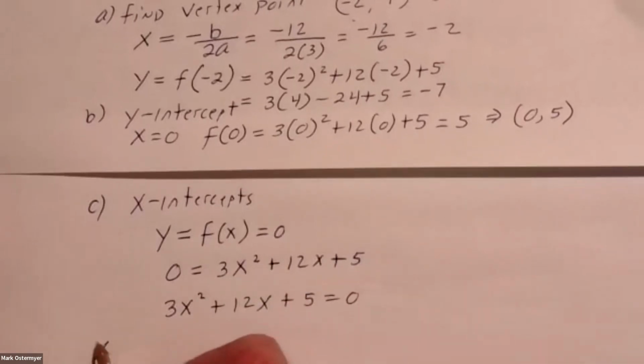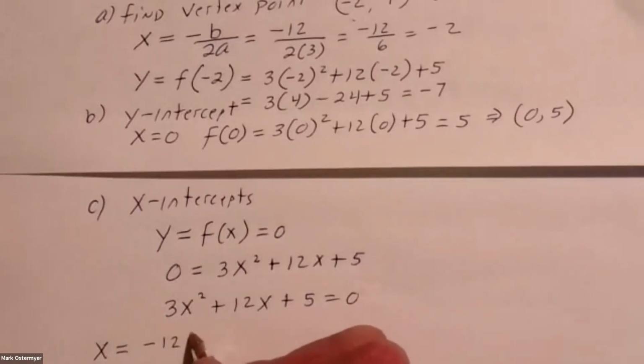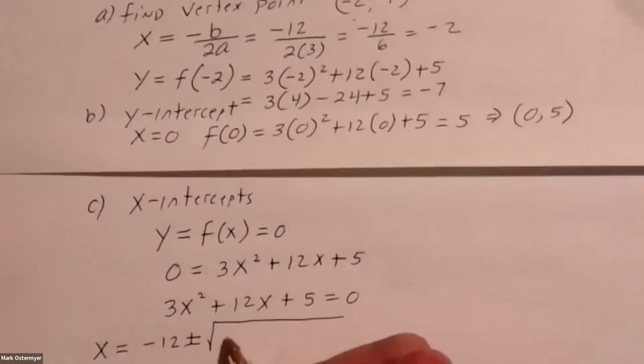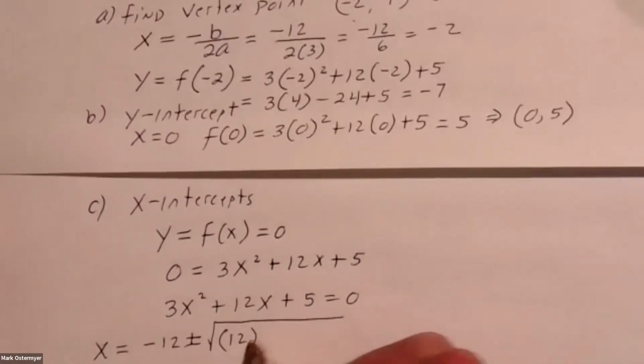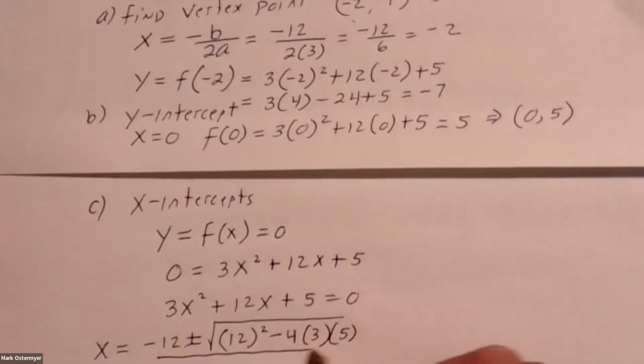So here we go. x is equal to the opposite of b. My b is 12. So the opposite of 12, plus or minus the square root of my discriminant, my discriminant being b squared minus 4 times a times c, all divided by 2 times a. All right.